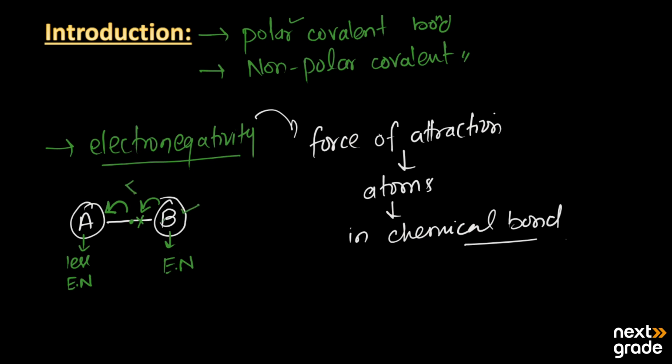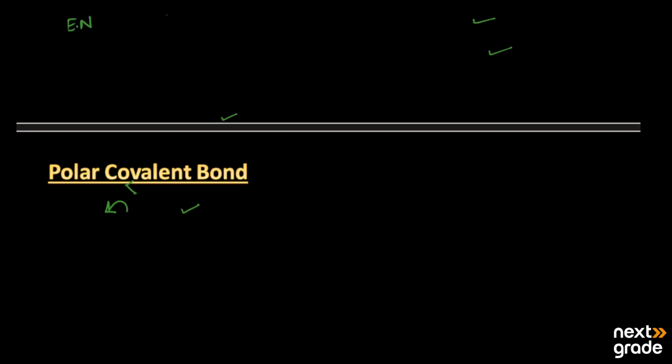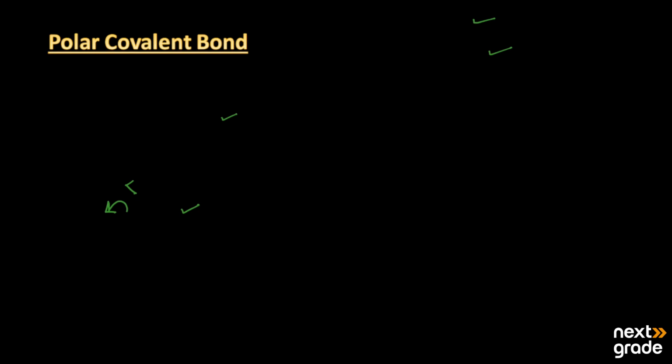So due to this difference of electronegativities between the atoms, we have two forms of covalent bonds. The first one is the polar covalent bond and the second one is the non-polar covalent bond. Let's have a look at what the difference is between these two bonds. The first one is polar and the other is non-polar.